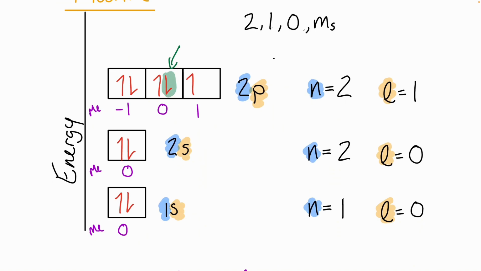And lastly, my spin quantum number for this arrow that's pointed down would be -1/2. So those four digits specify a specific electron on my electron configuration diagram. They're the address of that electron.